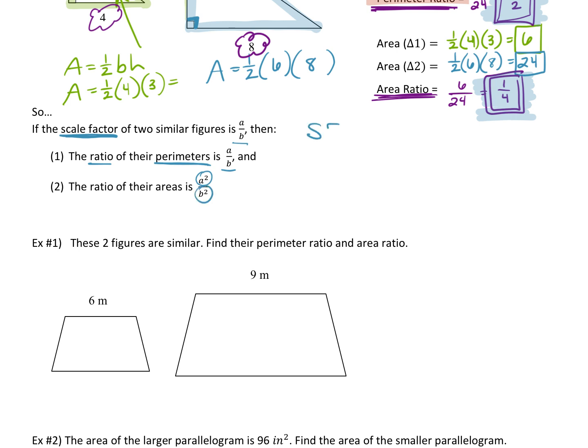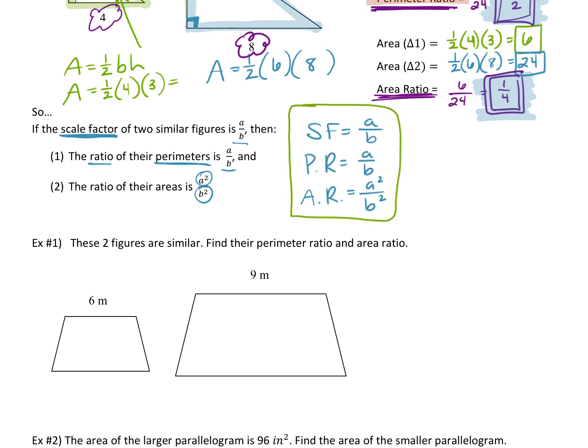So scale factor is A to B. Perimeter ratio is A to B. Area ratio is A squared to B squared. Okay, if you can remember this, then the rest of this lesson is pretty straightforward. Your scale factor and your perimeter ratio are identical. Your area ratio is just squaring those numbers from the scale factor.